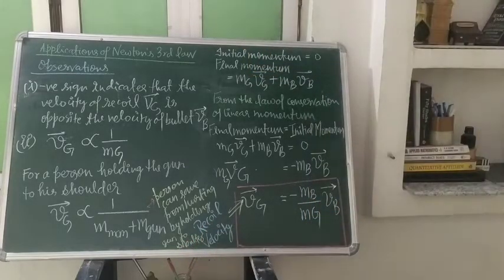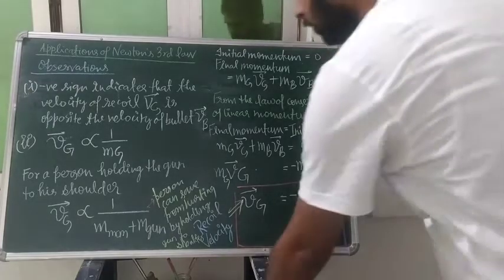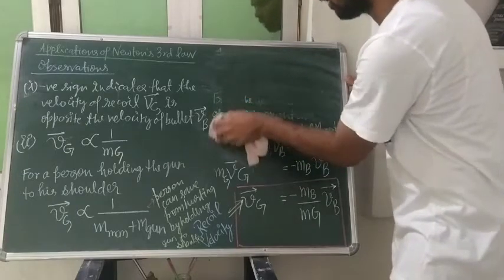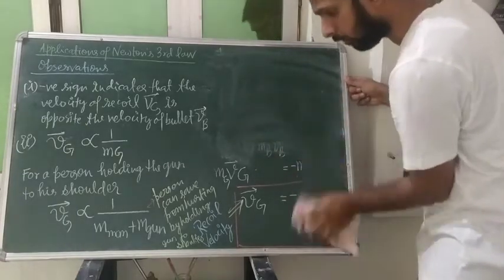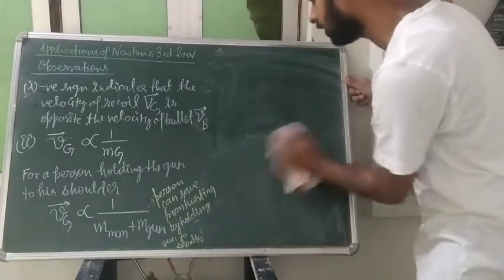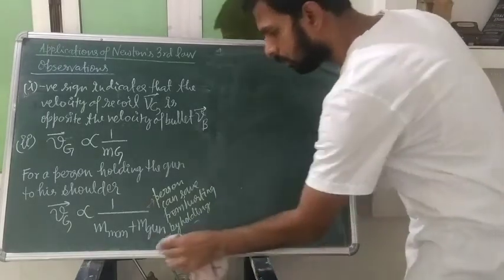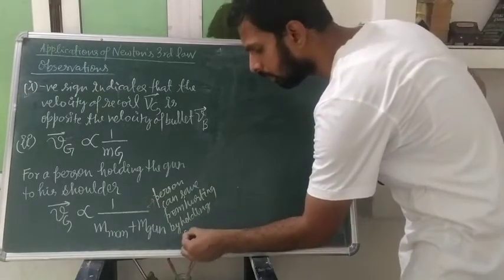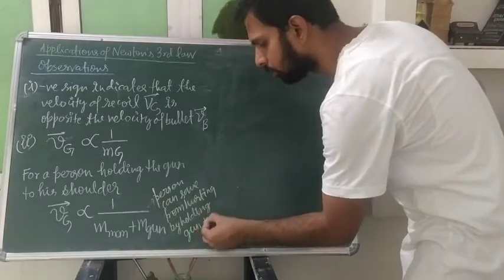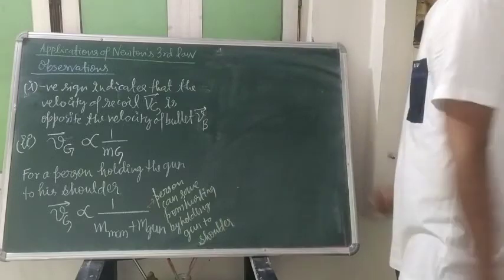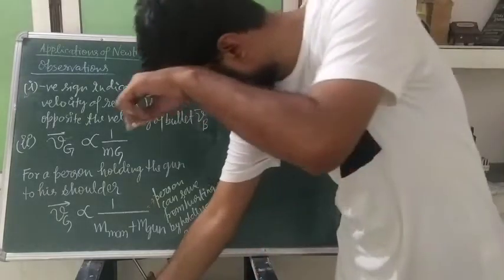Okay, so this we will see from the expression which we are getting for the recoil velocity. So a person can save himself by holding the gun to the shoulder. Okay, this is the observation we are getting here.